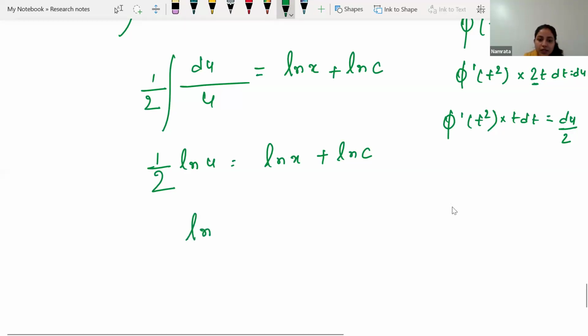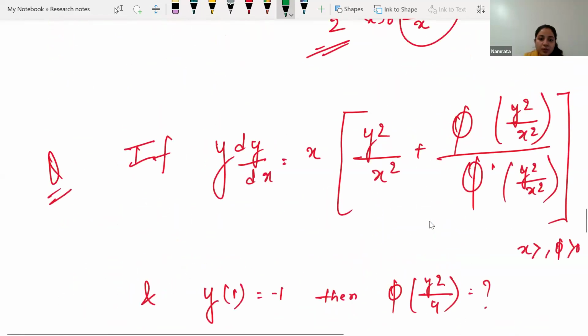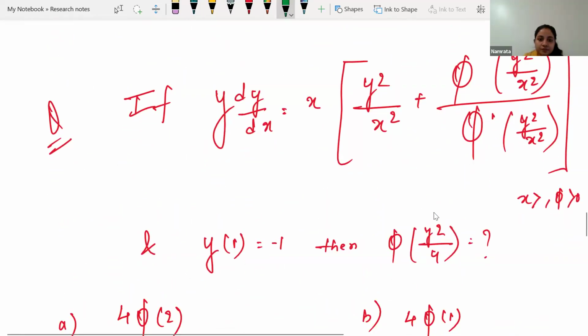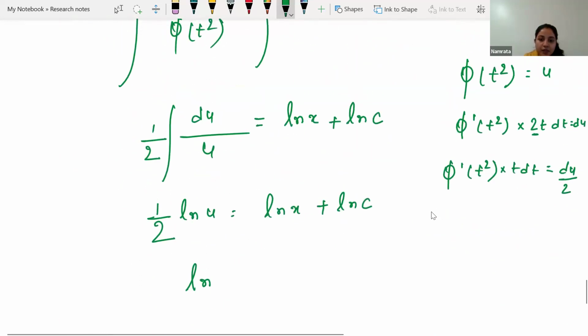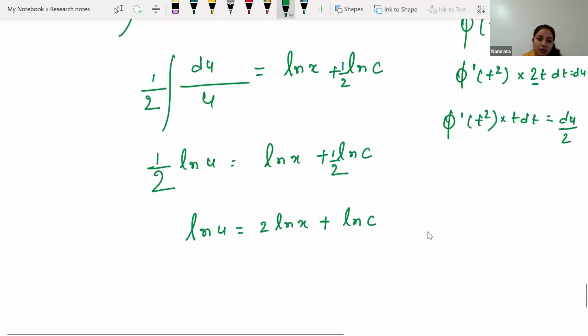What we have to find here, we have to find phi of y square by 4. If we will be taking here also 1 by 2 as a constant we can pick anything, right? So if we pick it like this, we will be having ln u is equals to 2 ln x plus ln c. 1 by 2 we have just cancelled out.